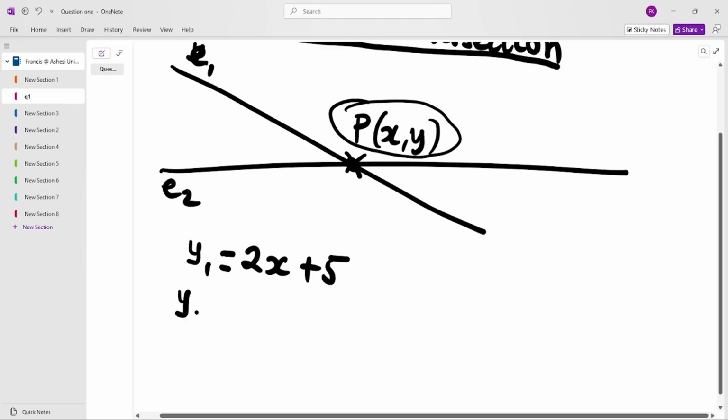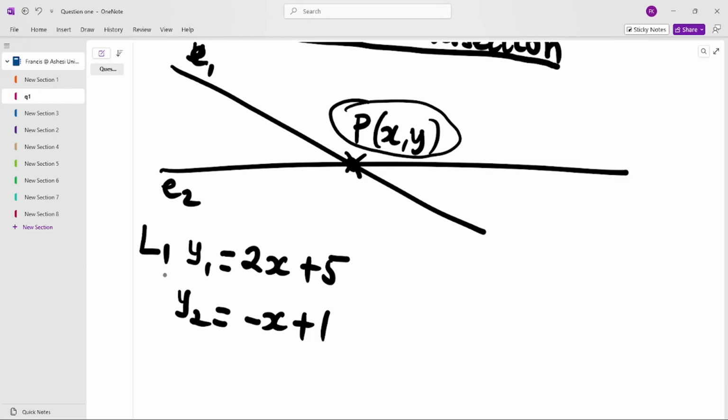And the second line has the equation y2 is equal to negative x plus 1. So let me call this one L1, this is L2. Line 1 and line 2, we're interested in the single point where they both meet.